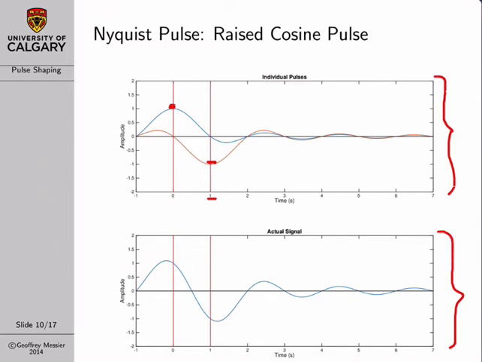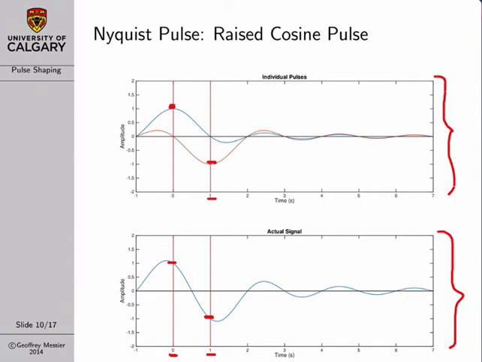However, if you look at exactly time 0, you'll notice that our amplitude is still exactly equal to 1. And if you look at exactly time 1, you'll notice that our amplitude is still equal to -1. That's because at exactly the symbol times, the value of the interfering pulse always goes to 0.